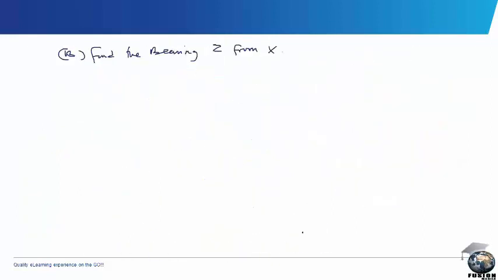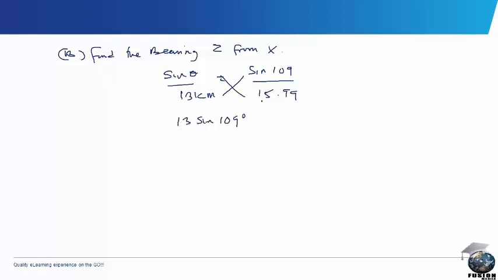We go back to the sine rule: sine theta over 13 kilometers is equal to, you can use any reference point where you have a side and an angle, the point y, with a side 15.99 and an angle 109 degrees. You can cross multiply: 13 sine 109 degrees is equal to 15.99 sine theta.